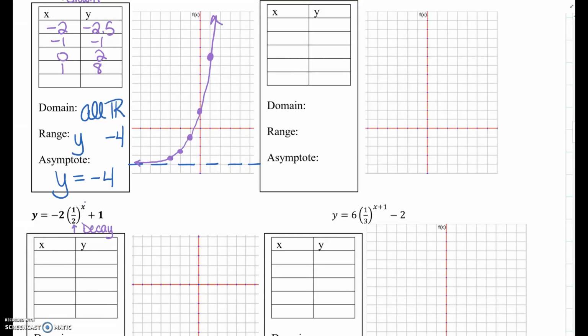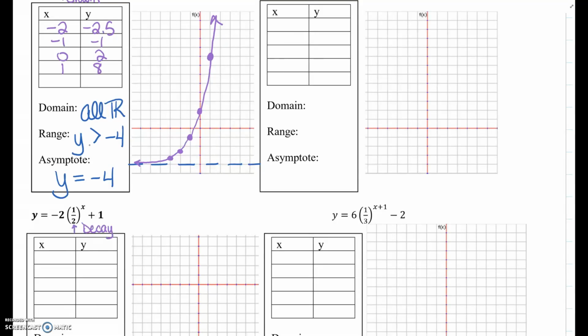You just need to ask yourself one question. Are the points above the asymptote or below the asymptote? Above, greater than. If the points are above the asymptote, your range is y is greater than -4. All of your y values are bigger than that y value of -4.